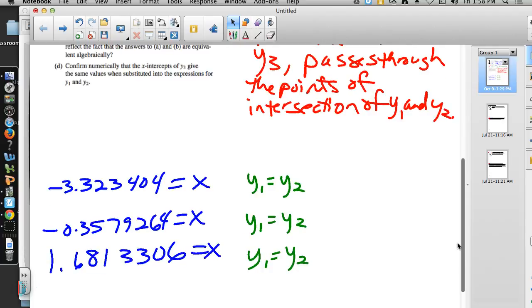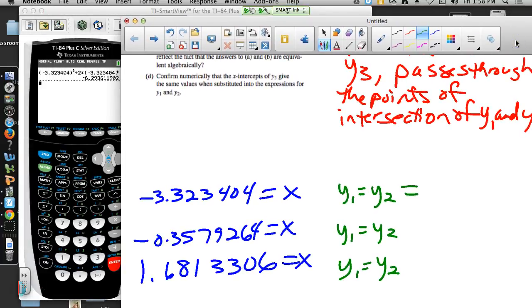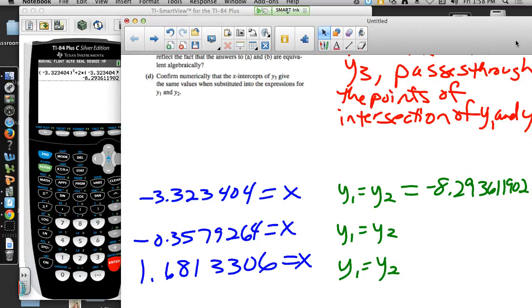But we would go back and write down what we see on the calculator. So negative 8.293611902. And because of that, I'm not going to do the next two for you. It'd be a lot easier for you to punch those in and take a lot less time.